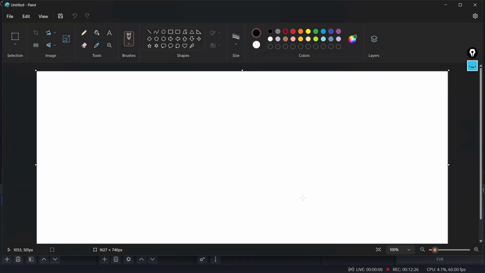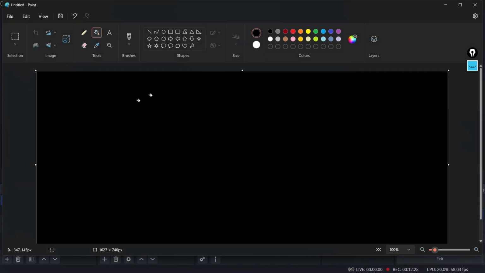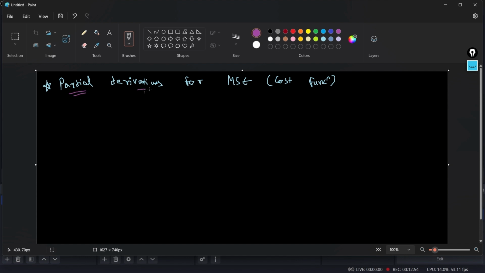All right, and create a new paint screen, paint it black, and here come the final equations for the partial derivatives for the MSE cost function. Okay, just ignore my bad handwriting. It's completely pathetic. I do get it, but yes, I'll surely improve very soon.